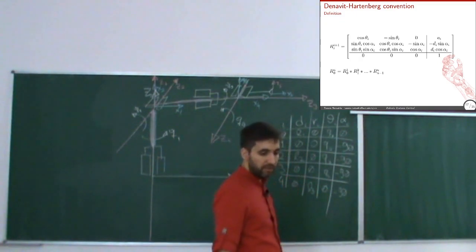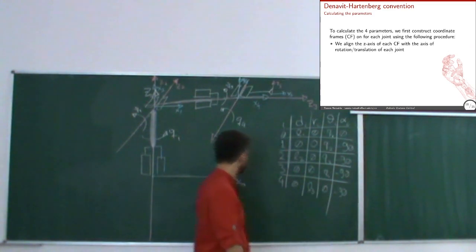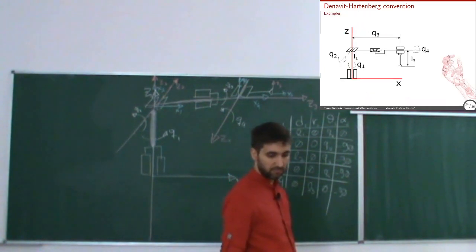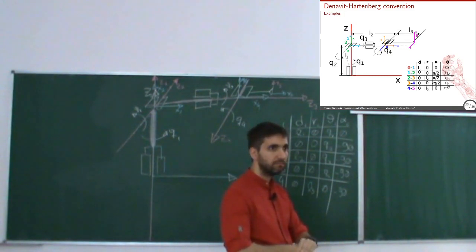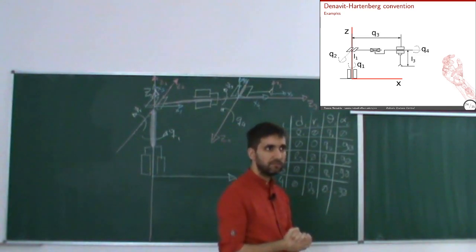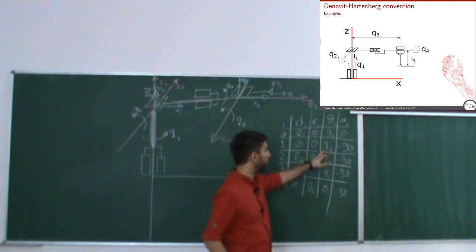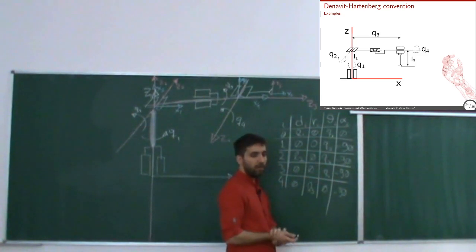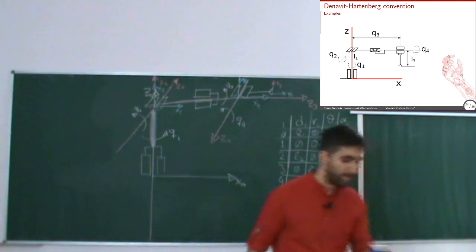I combine them together, and I get my overall transformation matrix from the fixed frame until the end effector. Questions? Do you want to see another example? Basically, I said that my theta will always be Q for a revolute joint. What do you expect to be the case when I have a prismatic joint, like in this case?